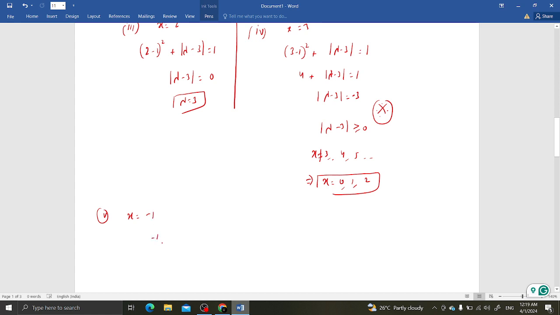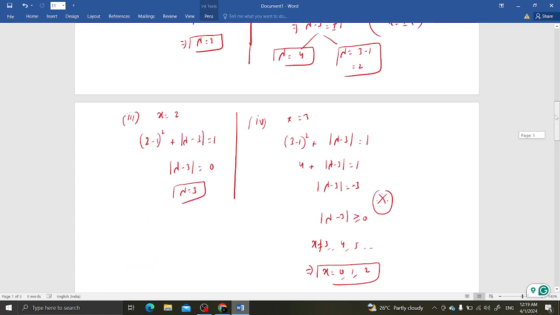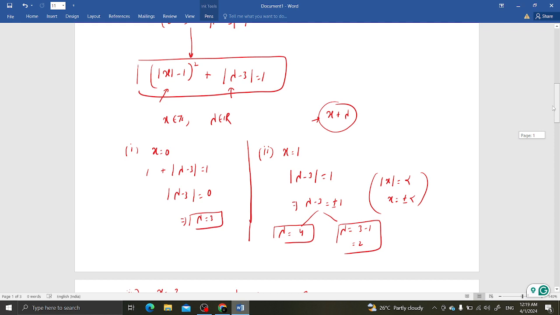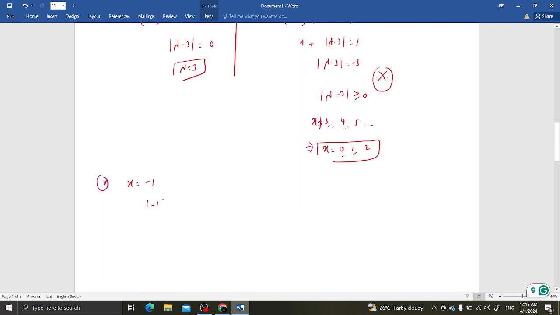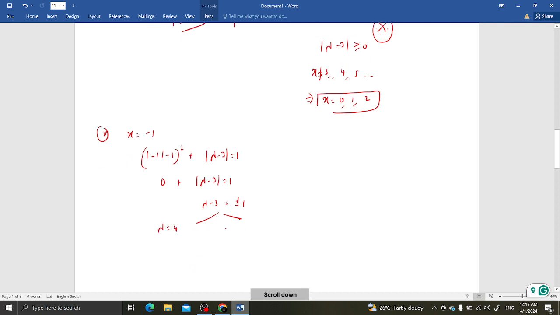If I put it in that equation, mod of minus 1 minus 1 whole square plus mod of lambda minus 3 equals 1, and what we get here is 0 plus mod of lambda minus 3 equals 1. Again lambda minus 3 equals plus minus 1, and we get lambda equals 4 and lambda equals 2. Now this is our case. Sixth case we are going.